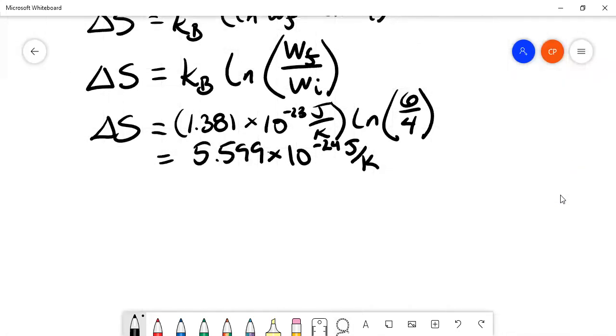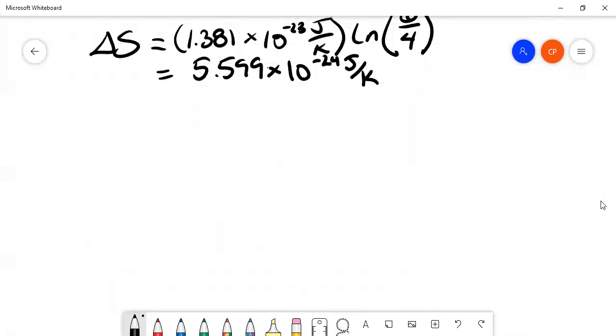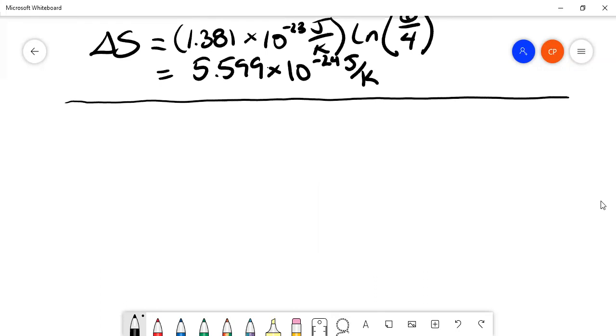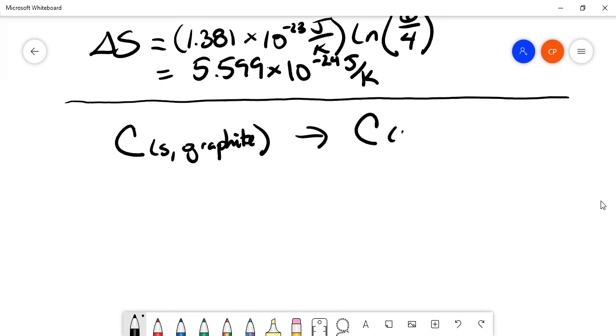But let me talk through a real system with a real number of microstates on a molecular level real quick before we go. Take that equation and explain it in words.